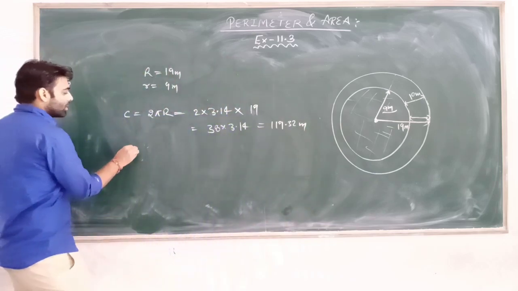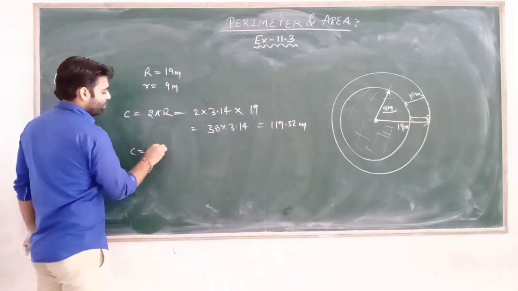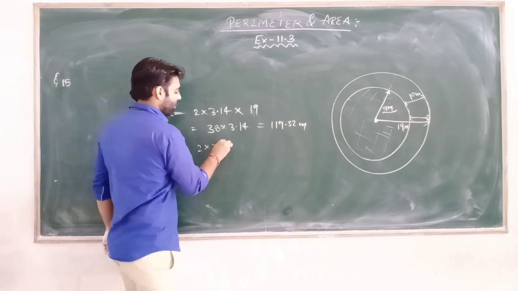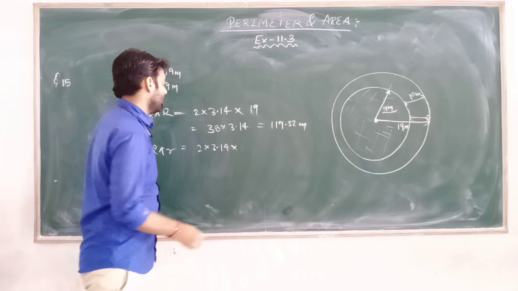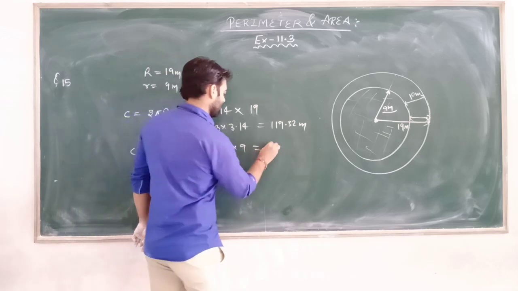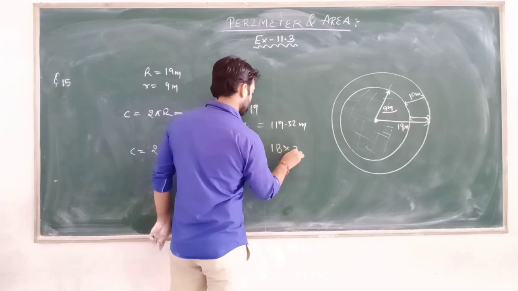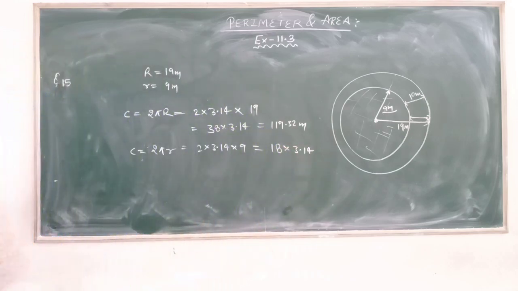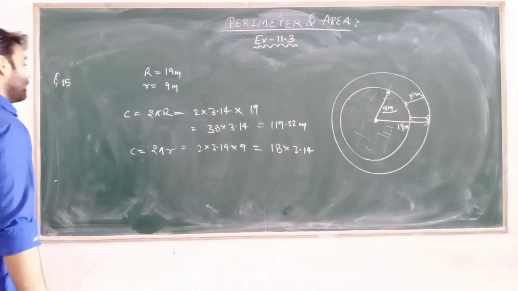Circumference of the smaller circle will be 2 pi small r, 2 into 3.14 into 9, which will be equal to 56.52.